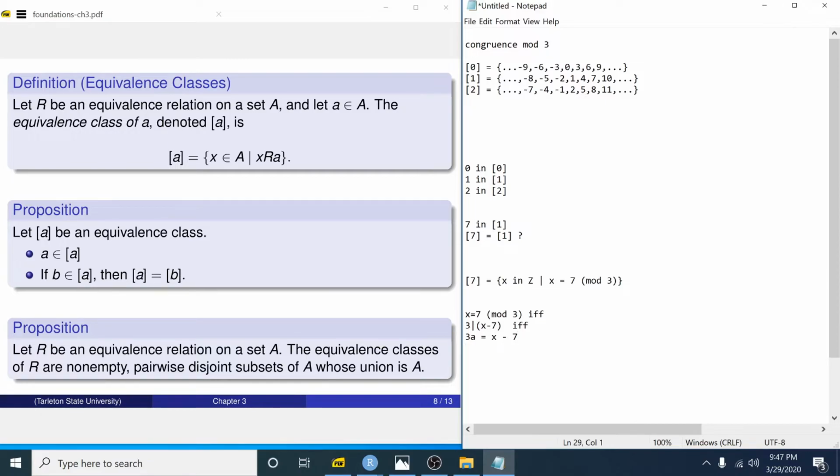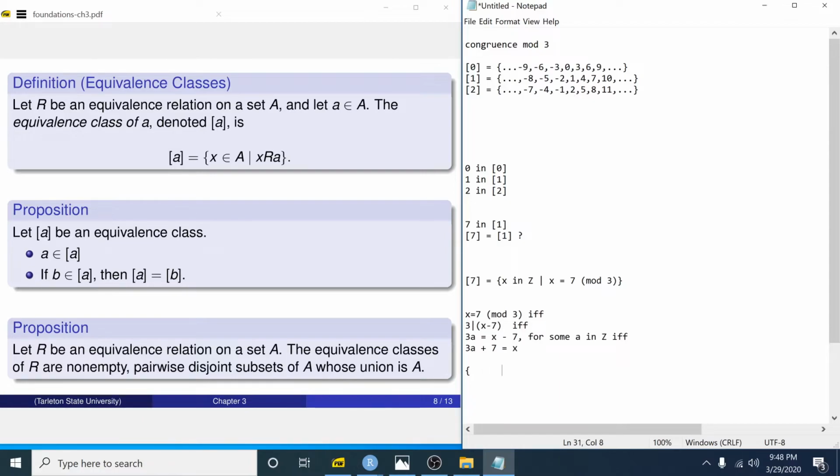And then that's true if and only if 3a plus 7 is equal to x. Now, what is 3a? And again, a here represents an arbitrary integer. I really should have said that here, for some a in Z. So what does it mean to say that x is equal to 3a plus 7, where a is an arbitrary integer? Well, let's see what that looks like.